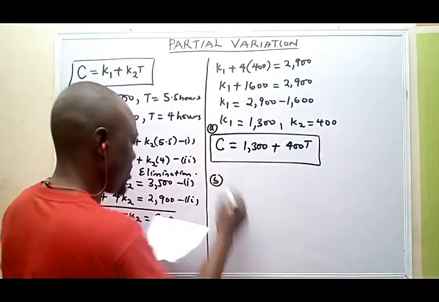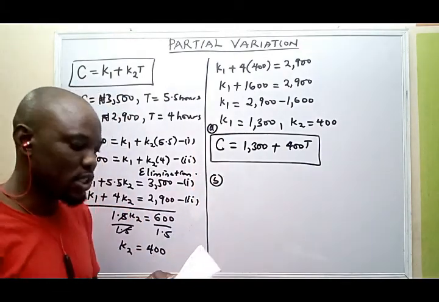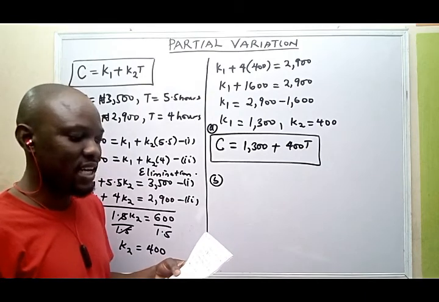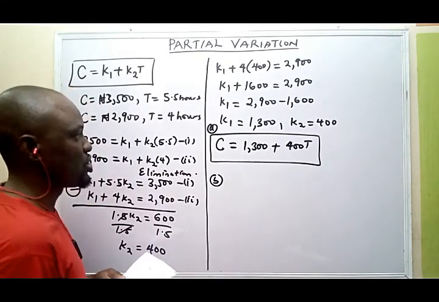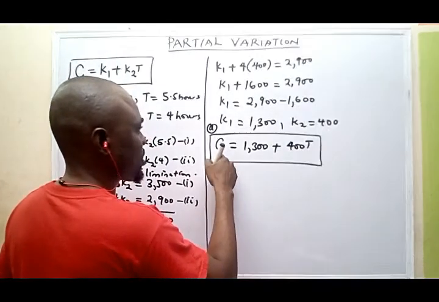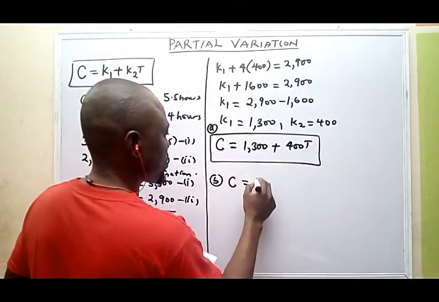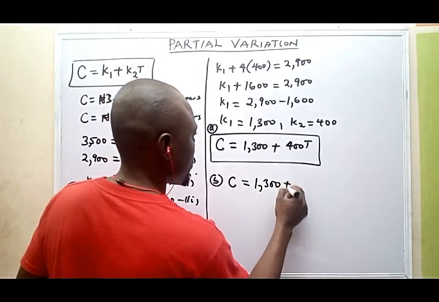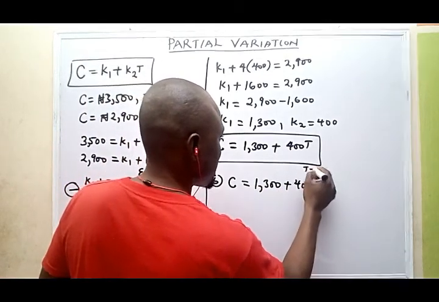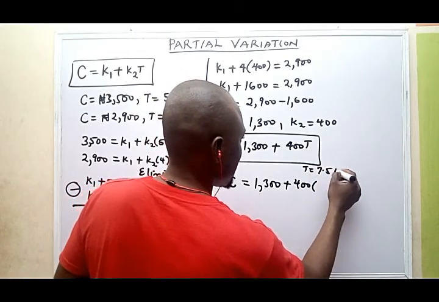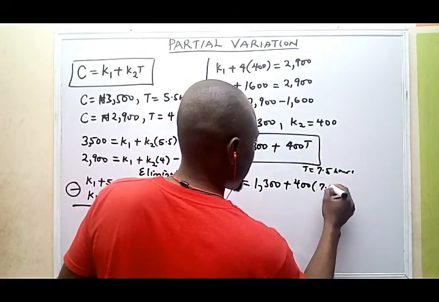Now, this is the A part of it. The B part of it says that we should find the cost of a 7.5 hour service, 7 hours, 30 minutes service. So what I need to do is find the cost. C equals 1,300 plus 400 into bracket, where T is 7.5 hours. So I'm going to do 7.5.